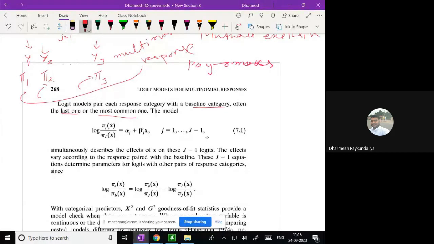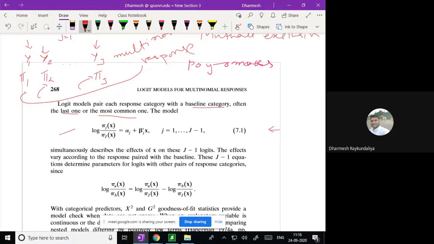So if we consider the last category as the baseline category, then my logit model is defined as log of pi j of x upon pi capital J of x is equal to alpha j plus beta j prime x, for j equal to 1 to J minus 1. So equation 7.1 is said to be the multinomial logistic regression model. This is the form of a multinomial logistic regression model.